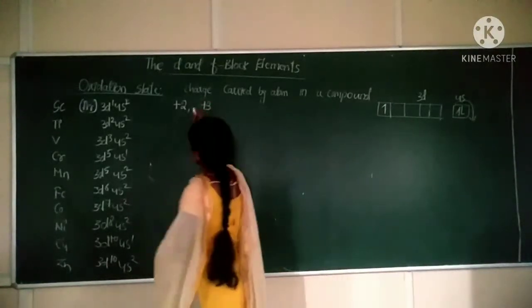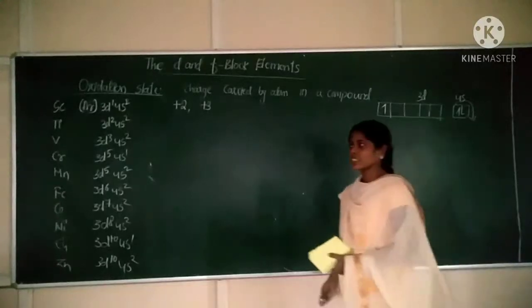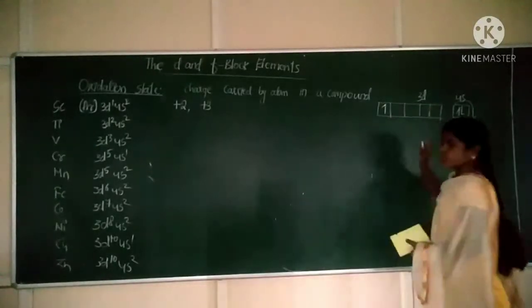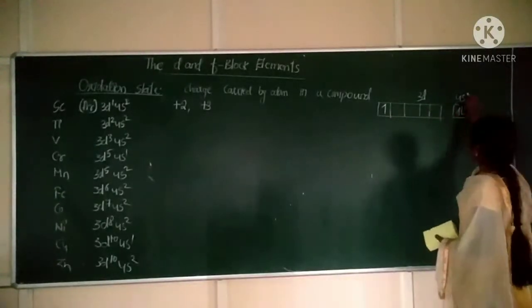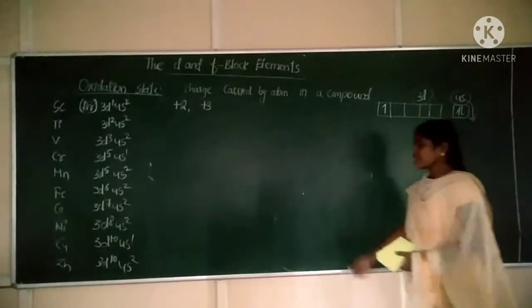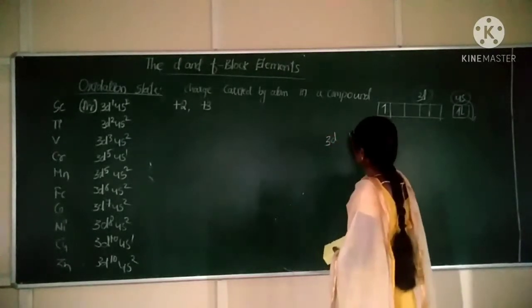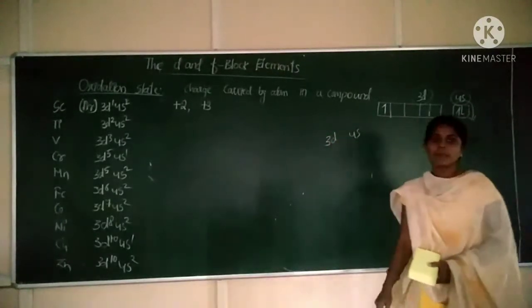Now the variable oxidation state of 3D series elements is due to what? Involvement of 4s electrons as well as 3D electrons in the bonding. The variable oxidation is due to participation of 3D electrons as well as 4s electrons in the making of a bond.